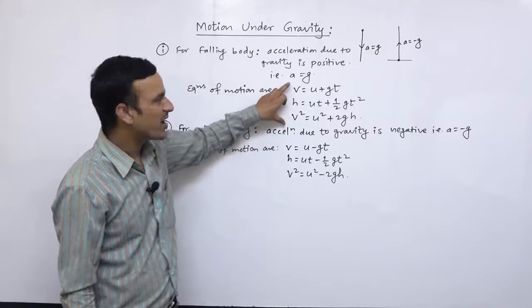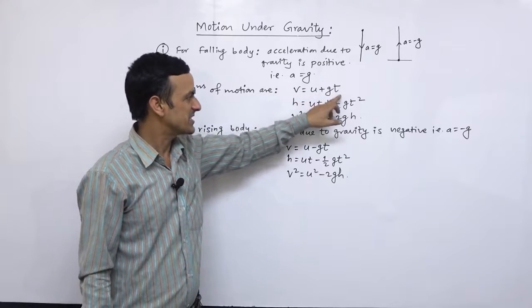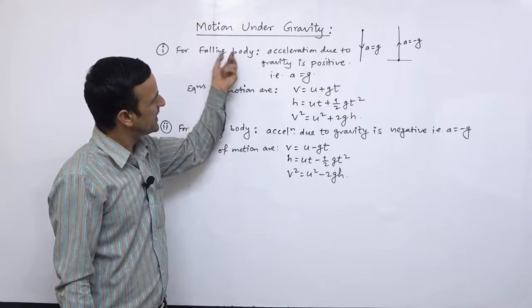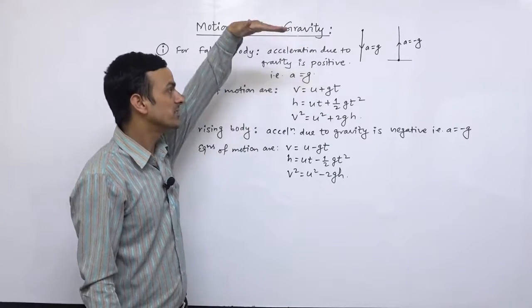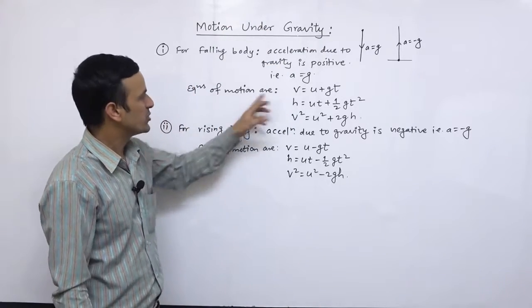So remember these formulas for the next questions. So v is equal to u plus gt. Here is plus sign for falling body. If any body is dropped from any height of the earth towards the earth, then it will be plus.